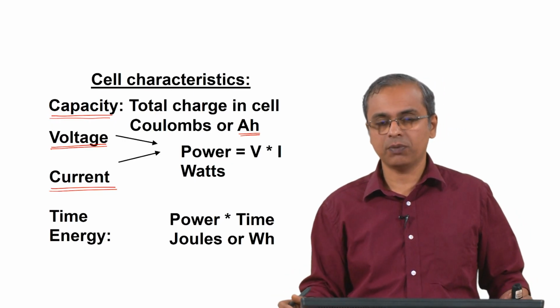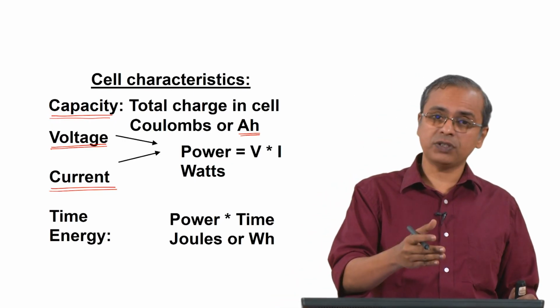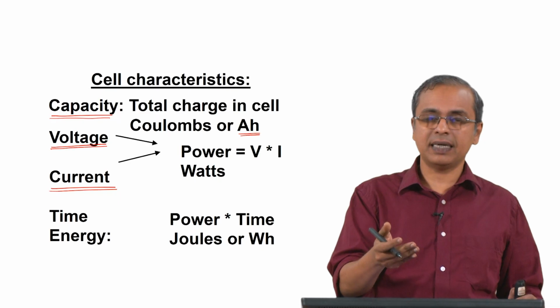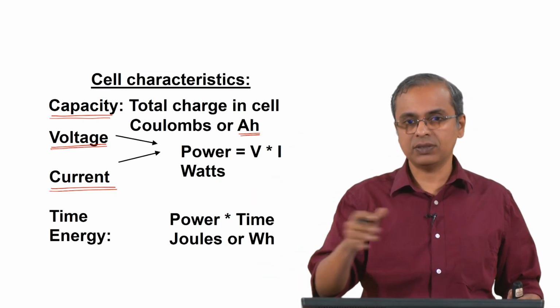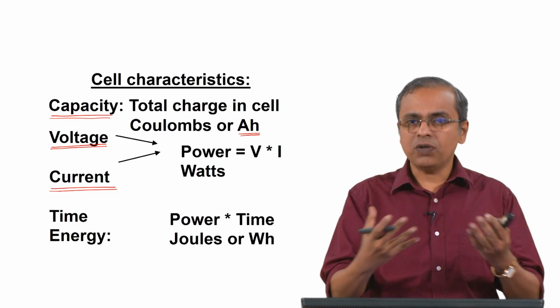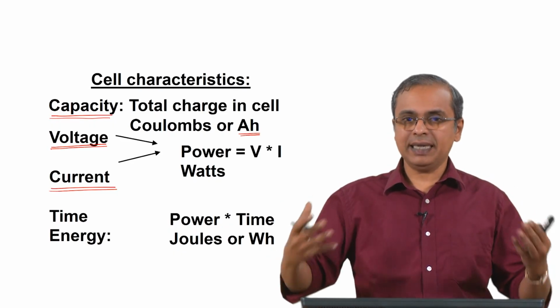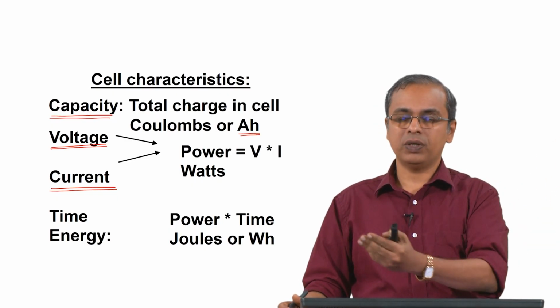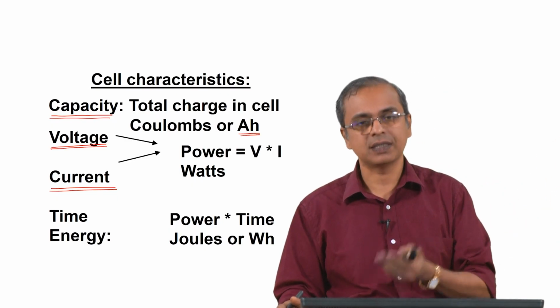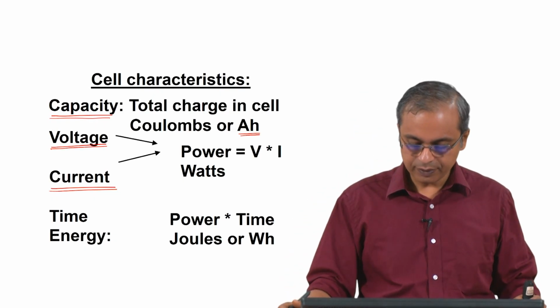You may also have a situation where it starts off as a high voltage, high current device, but in the course of its usage it becomes a low voltage, low current device. So that is what we mean by saying there is a performance characteristic that we have to understand. Why is the high voltage, high current device becoming a low voltage, low current device after several hours of operation? This is something of interest to know.